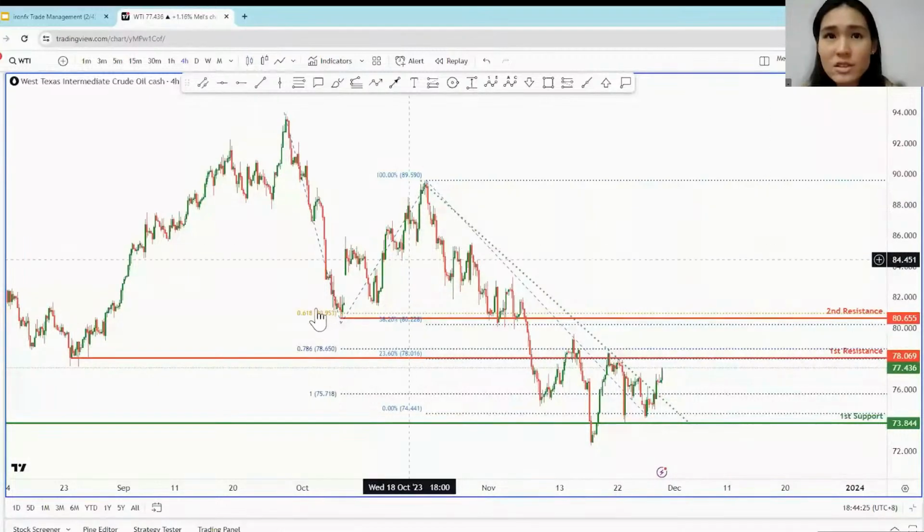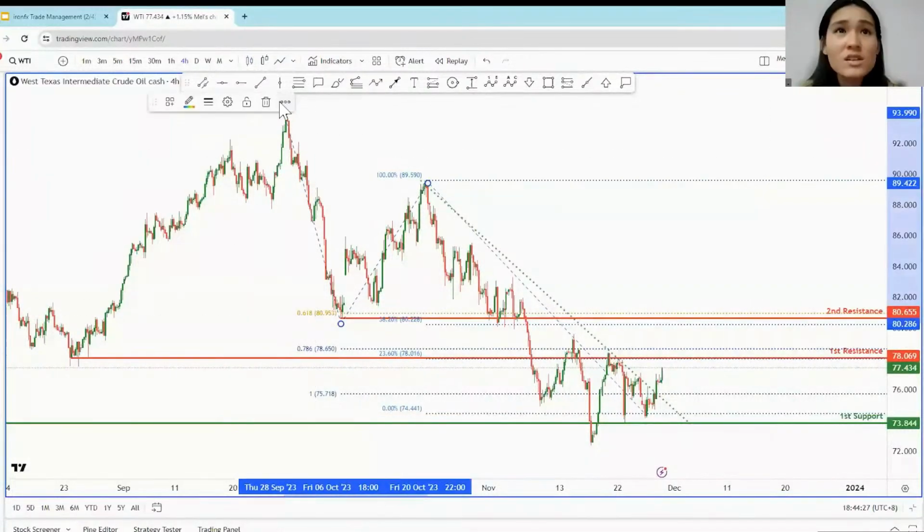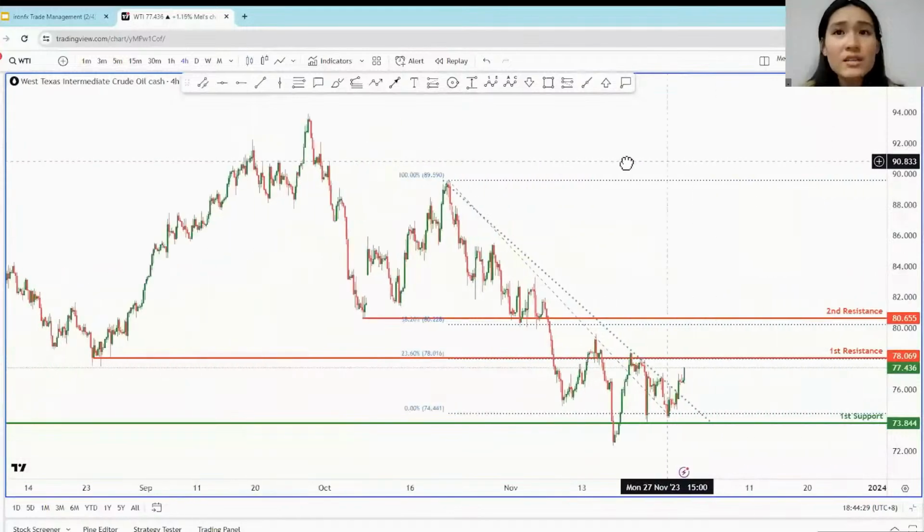Okay, but that's no longer valid because price has already broken it. So let me remove that.